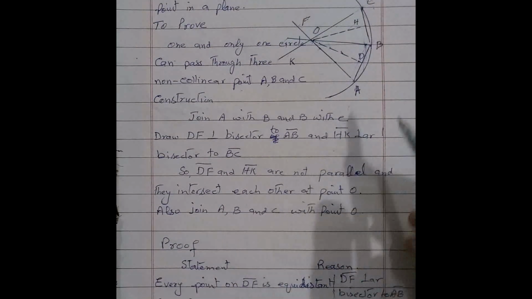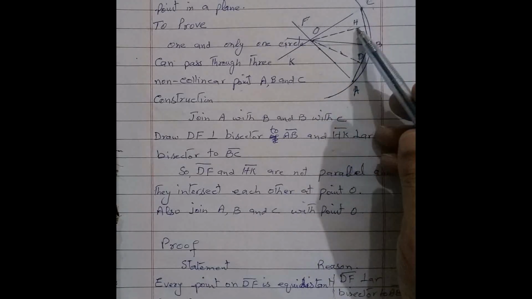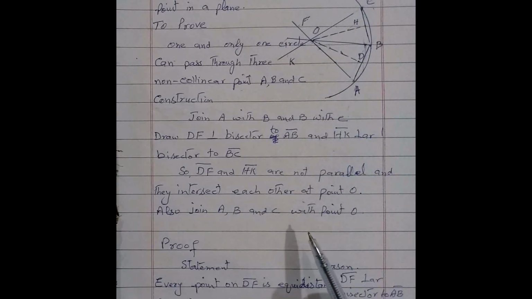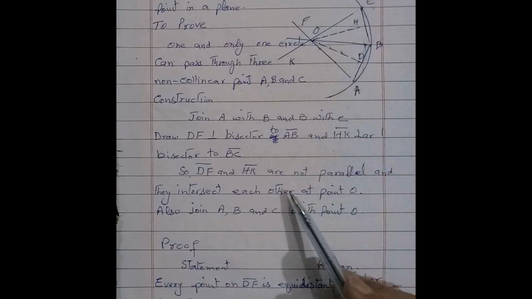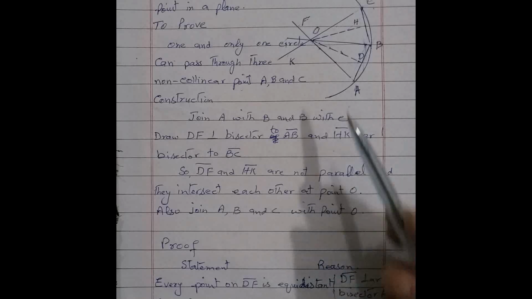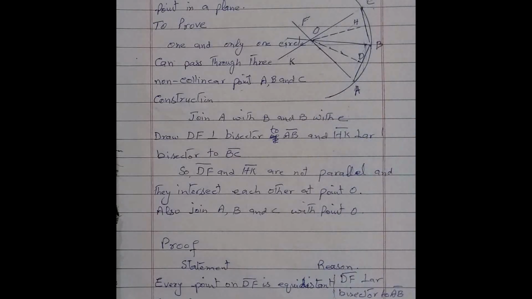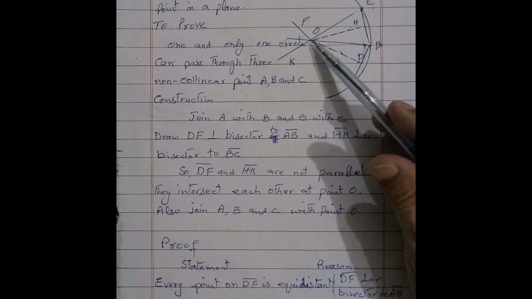So DF and HK are not parallel and they intersect each other at the point O, and also join the points A, B and C with the center O.